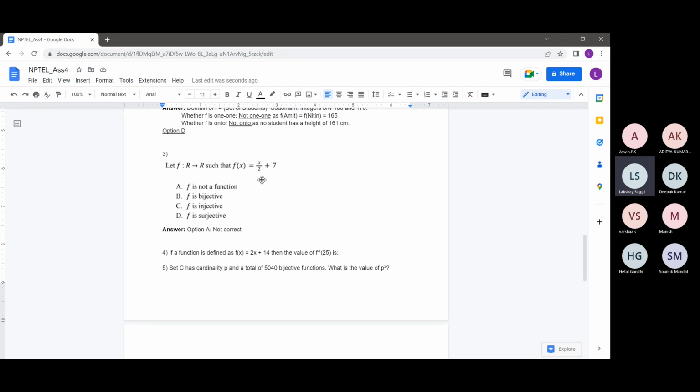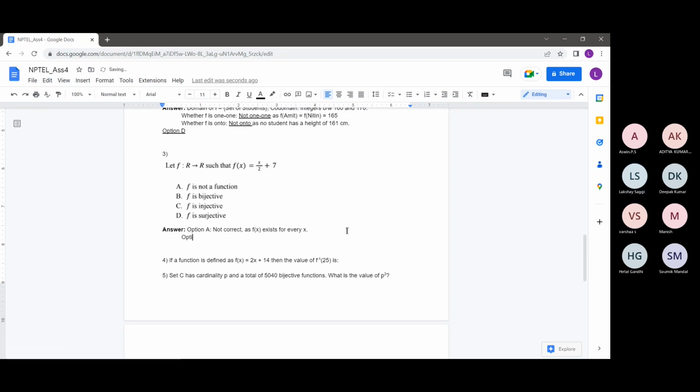Since x is real, x by 2 is real, so x by 2 plus 7 is also real. As f of x exists for every x, for every real x a real f of x also exists. So option A is not correct, definitely.